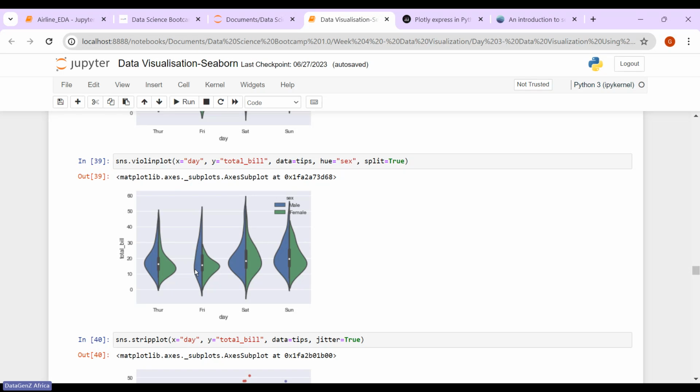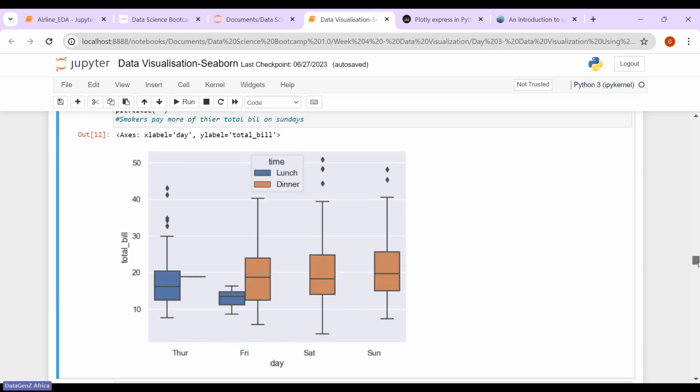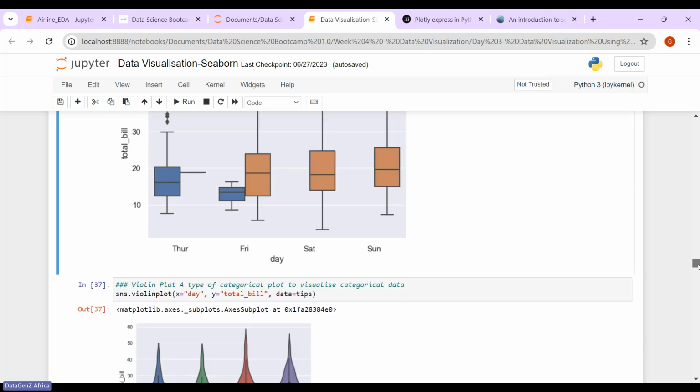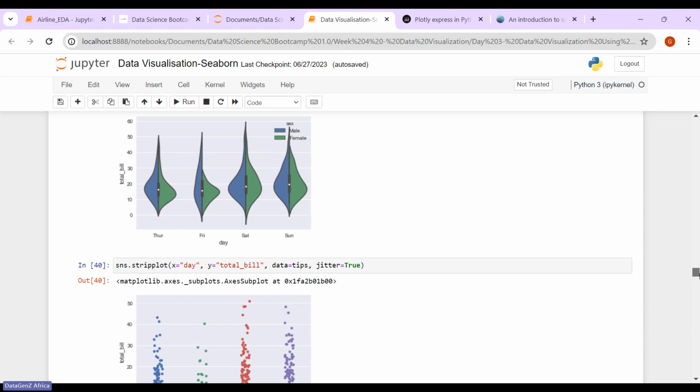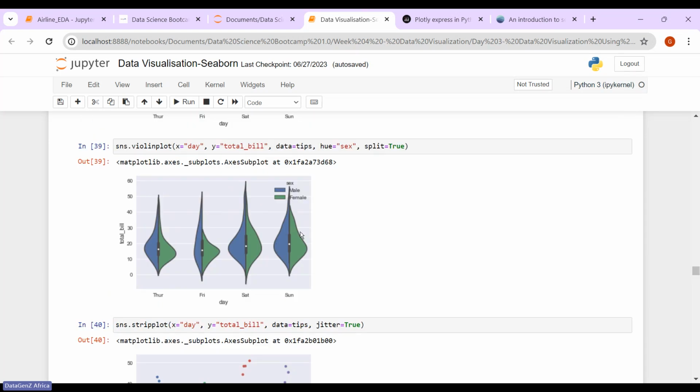So the people that are actually eating on these days here are females. But let's look at Saturday and Sunday, because Saturday and Sunday look interesting, right? This tells us there's a kind of equal split, most of them are male and female, right?